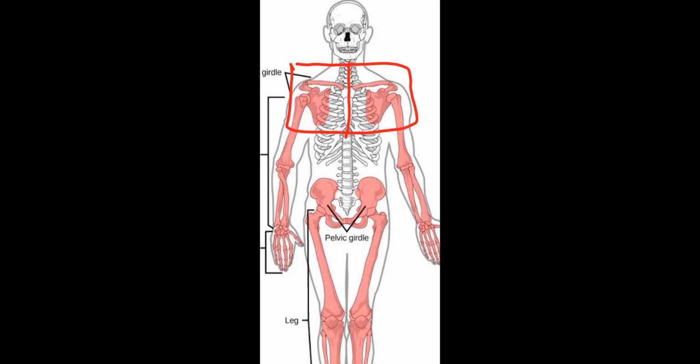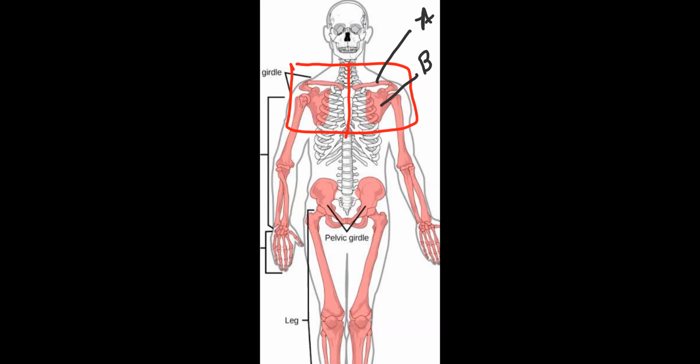Of these two bones, one of them is which one, on the ventral side? Clavicle. And another one on the dorsal side? Archie, correct. Scapula. Clavicle and scapula.